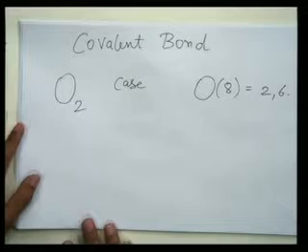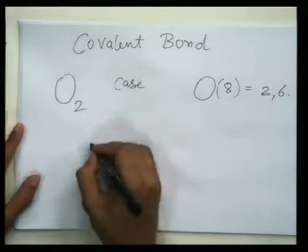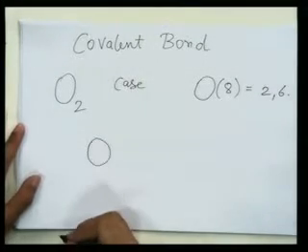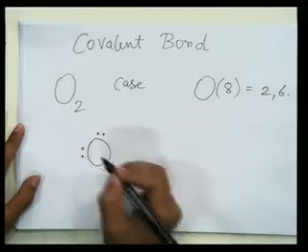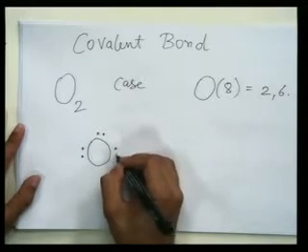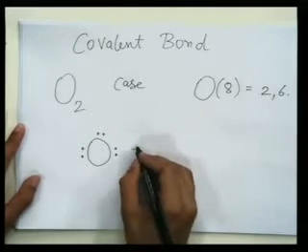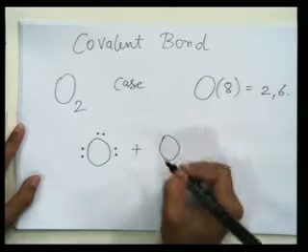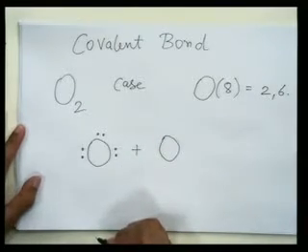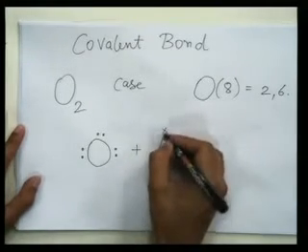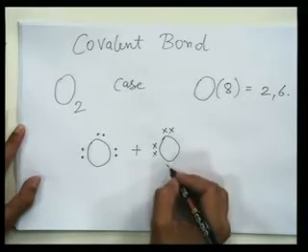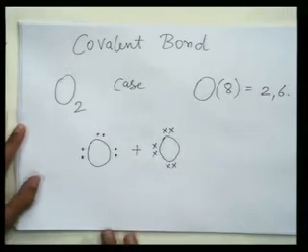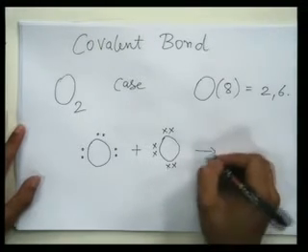So what we will do is, we can show the things. You have one oxygen, so 1, 2, 3, 4, 5, 6. You have another oxygen that is going to form the covalent bond, that is 1, 2, 3, 4, 5, 6. So this is there. Now what happens?